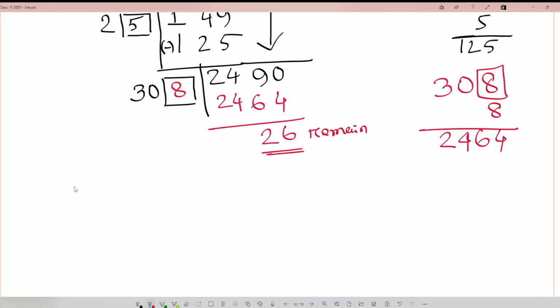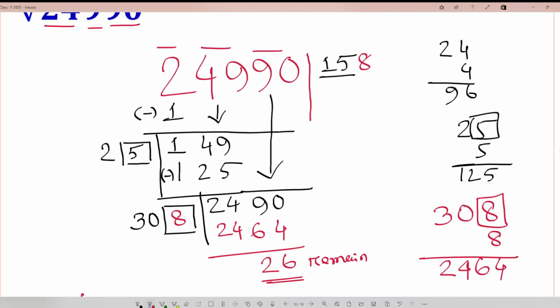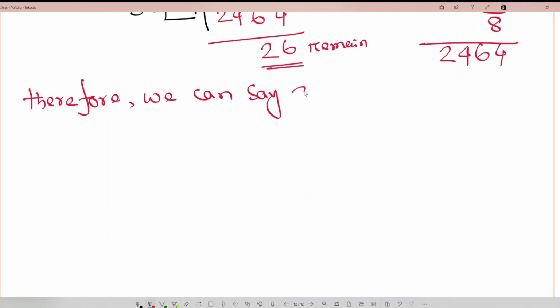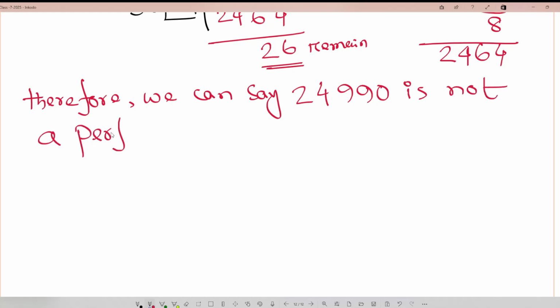Therefore, we can say 24,990 is not a perfect square, right?